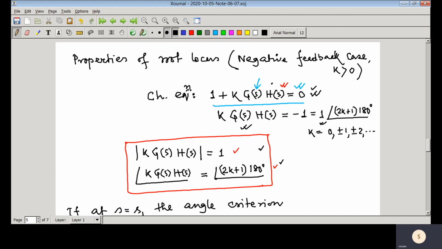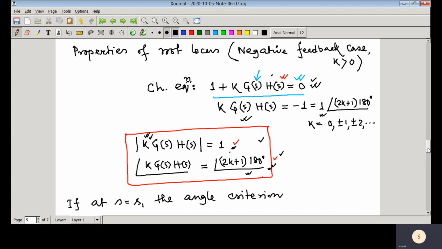Now we are going to show that if it satisfies only the angle condition, then there is always one value of K so that the gain condition would be satisfied. So the important thing is the angle condition. When we take a value of S equal to S1, if the angle condition is satisfied, then there is always a K so that this gain condition would be satisfied.